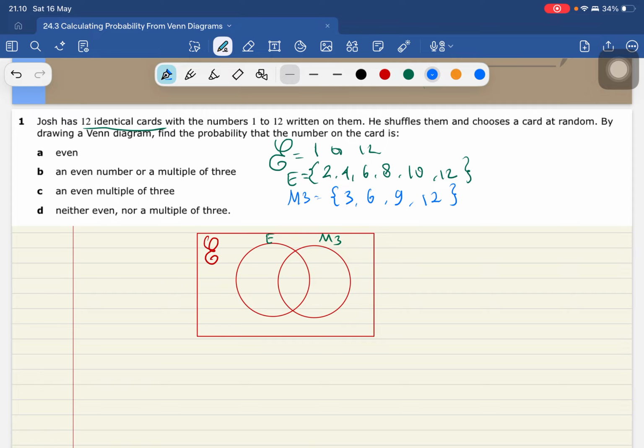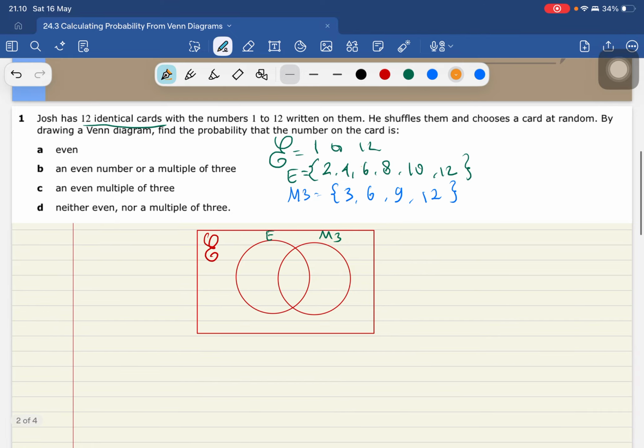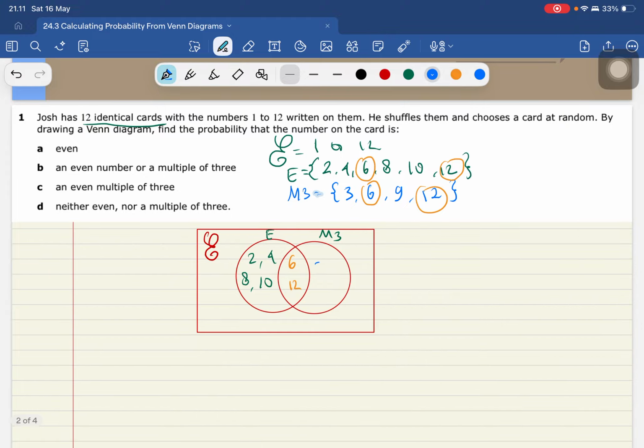For the middle, we need to find the numbers that are both even and a multiple of 3. So we got 6 and 12. We write them down, 6 and 12. Then we write the remaining even numbers, 2, 4, 8, and 10. Next, the remaining multiples of 3 are 3 and 9.